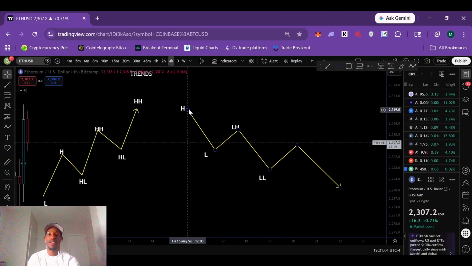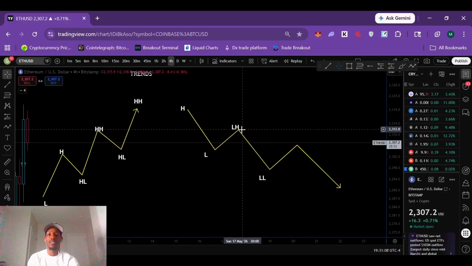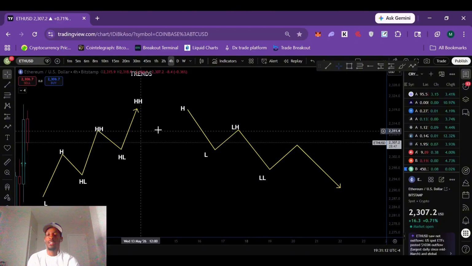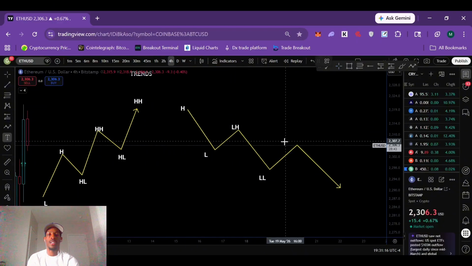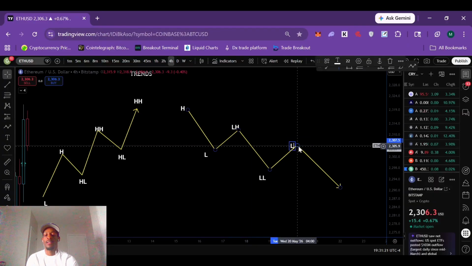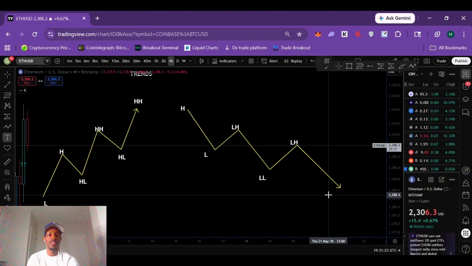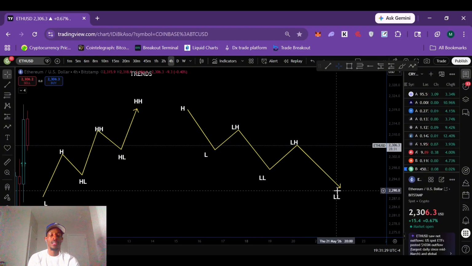So at this point here, we know we're in a downtrend because we have our 1, 2, 3. Just like over here, we had our 1, 2, 3. Over here, we have our 1, 2, 3. Once we see that, we know we are in a downtrend, and then we'll be looking for the market to pull back for entry off of our next higher low, but that would be for a different video. All right, and then we get our lower low.